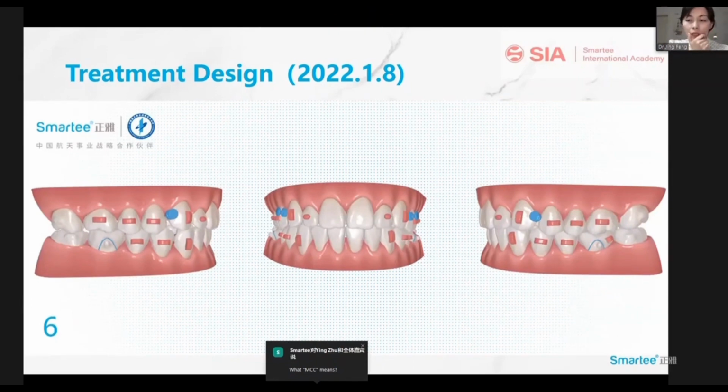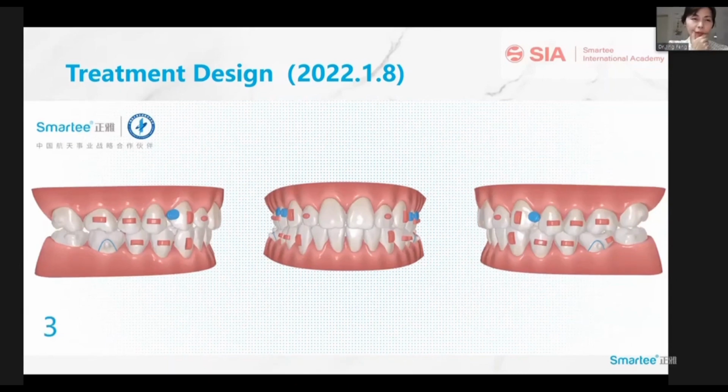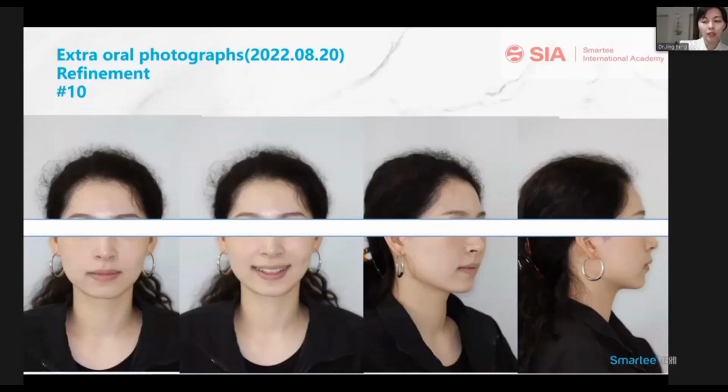That's the result of the treatment. It took about 2 years, including maybe 3 to 4 months prolonged because of job changes.